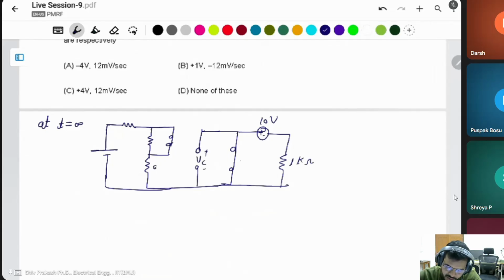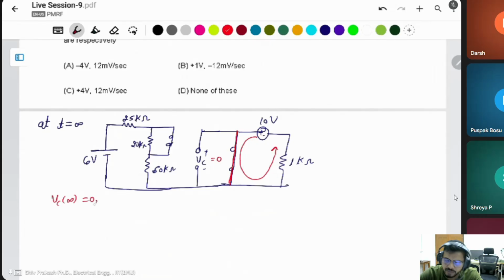This is the 50 kilo ohm, 20 kilo ohm, 25 kilo ohm, this is 6 volt. The voltage source provides the current only through this path, because this is the short circuit. If the short circuit is there, then this voltage will be 0, then VC at infinity will be 0. There is no voltage at infinity.